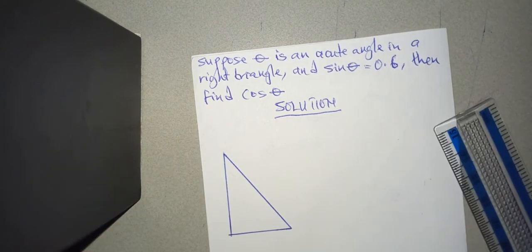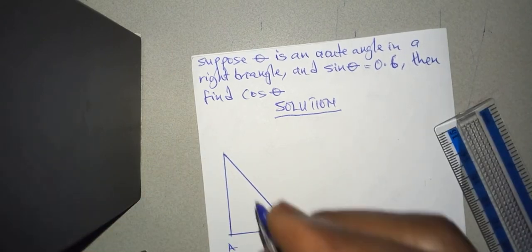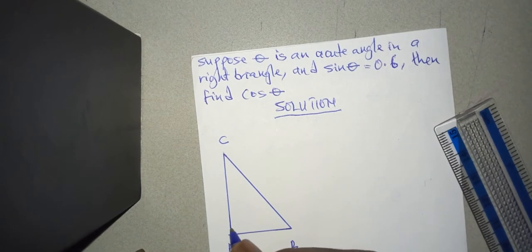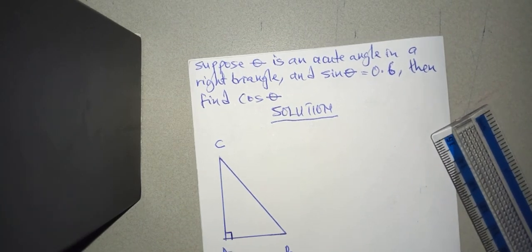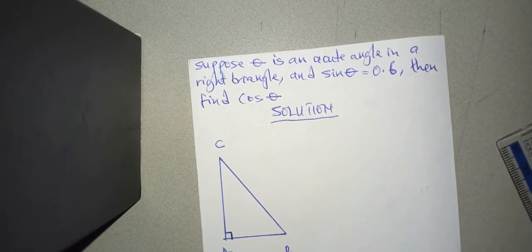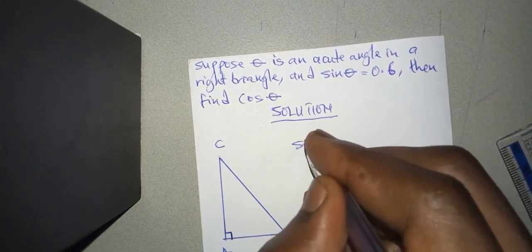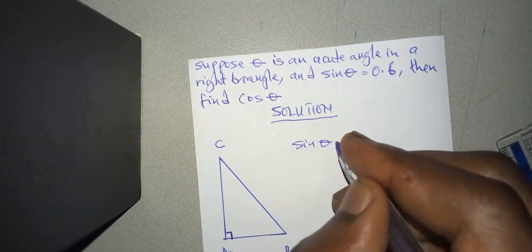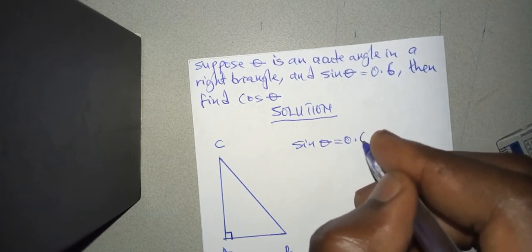I will label the vertices A, B, and C. Then this is my right angle. Now the first trig ratio given in the question is sine theta equals 0.6.